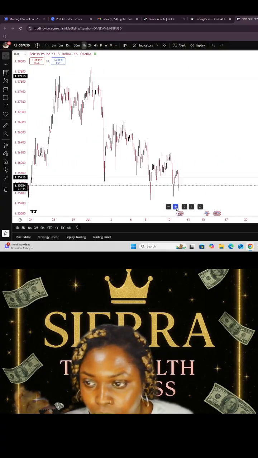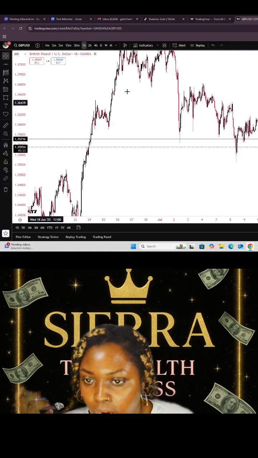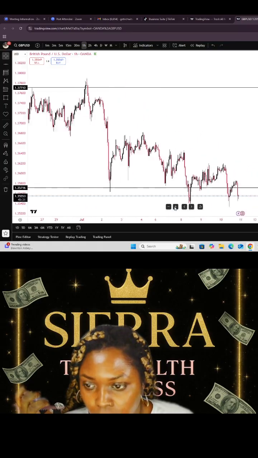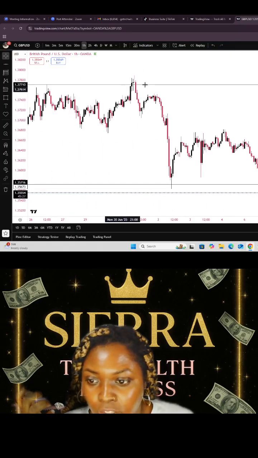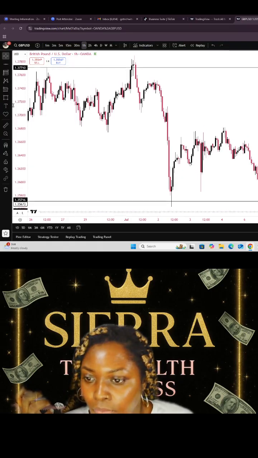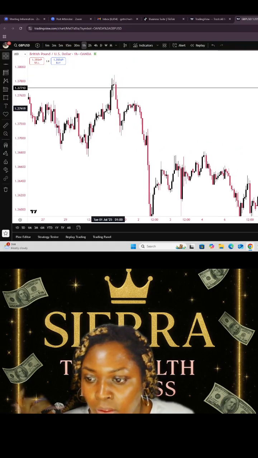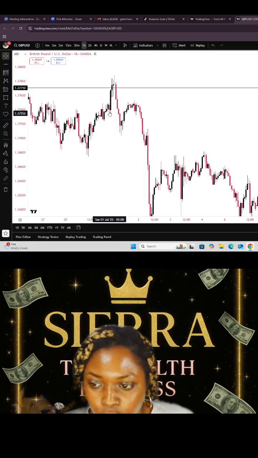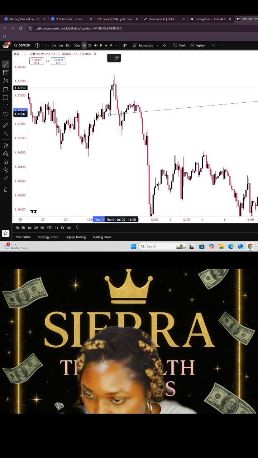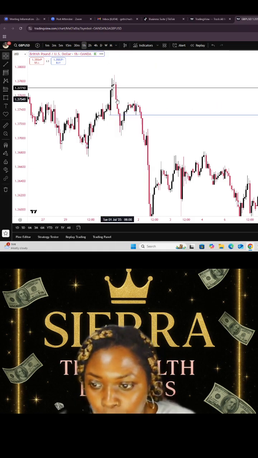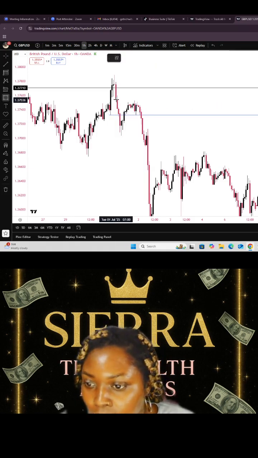Okay. So here, price came out of our zone. This was my last little structure pullback here that led me to this high. I got my break of structure. Price pulled back into this fair value gap here.